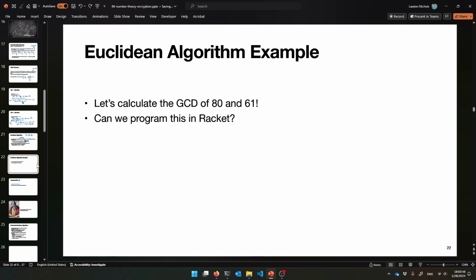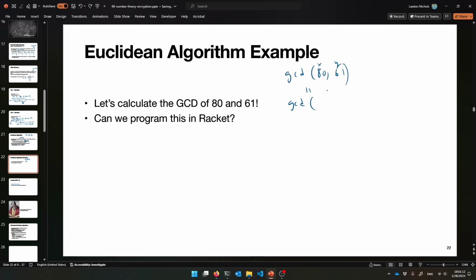All right, so let me give you an example of that. Let's compute the GCD of 80 and 61. I don't know what the answer is, but this is my x, this is my y, and I can keep replacing this with the GCD of y mod x and x. All right, so let's see. What is y mod x? 61 mod 80.